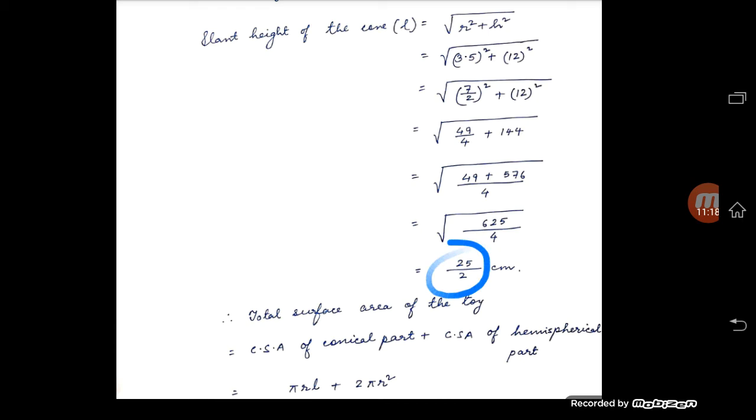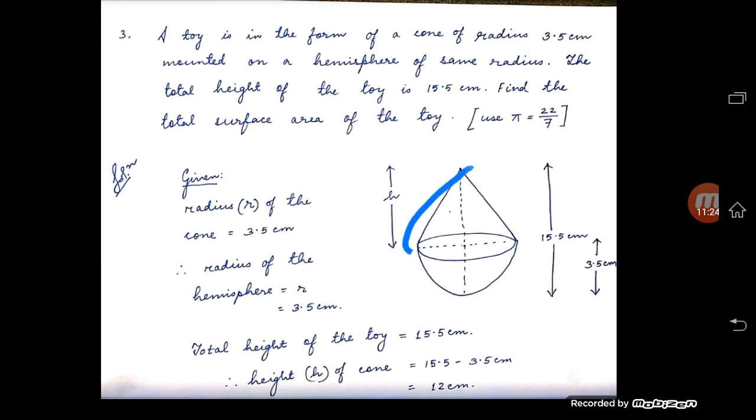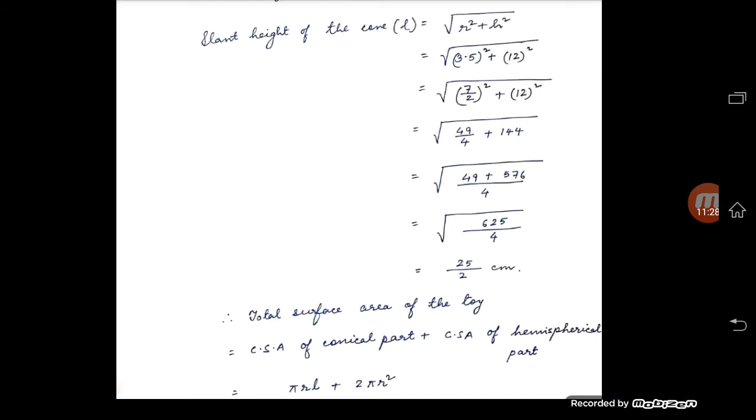Now we have to find the total surface area of the toy. The total surface area of the toy consists of a cone and a hemisphere. So we will add the curved surface area of the conical part plus the CSA, that means the curved surface area of the hemispherical part, to find the total surface area of the toy. So we put in the formula.